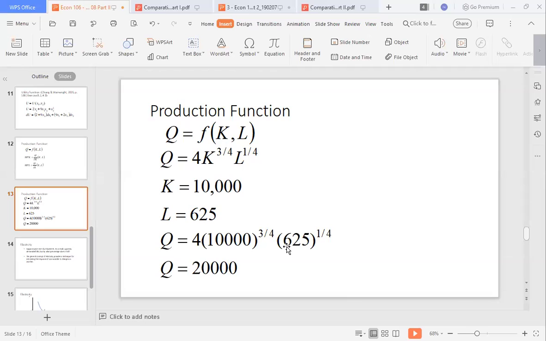Now, what happens after, class, is that supposing I tell you, how about if we allow a change in any of these variables K and L? In that case, that is a hint for us to now get the partial derivative with respect to any of these inputs.